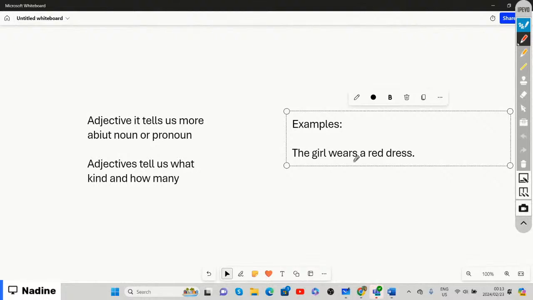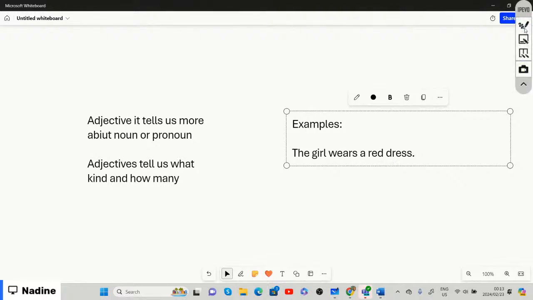Remember, we could have just said the girl wears a dress, but instead we're saying the girl wears a red dress, which means that red tells us what kind of dress the girl wears.